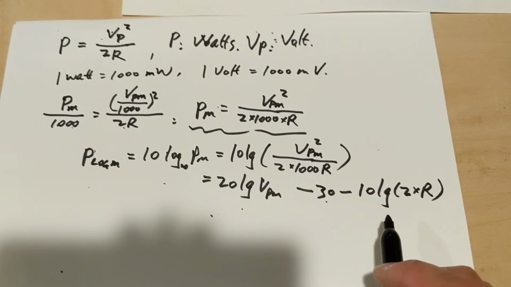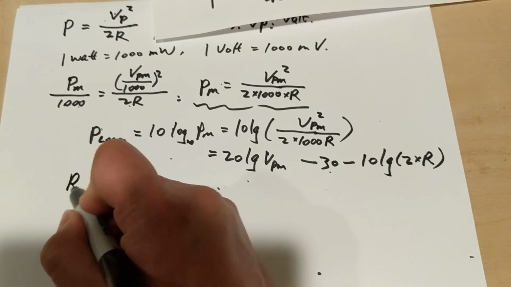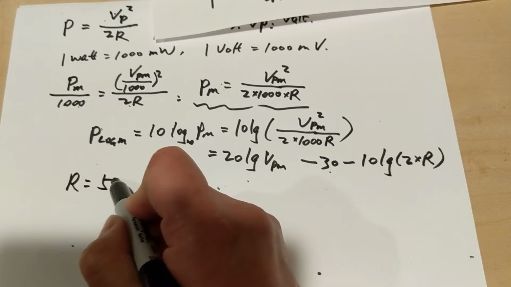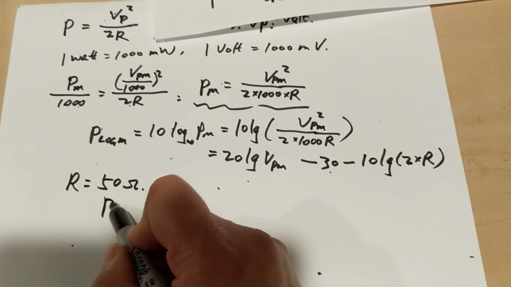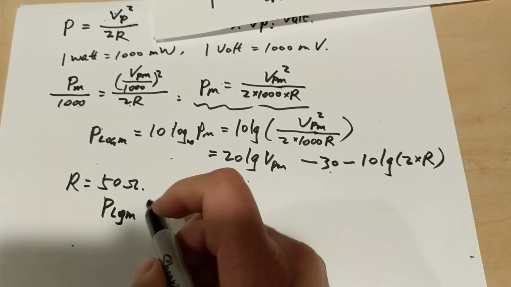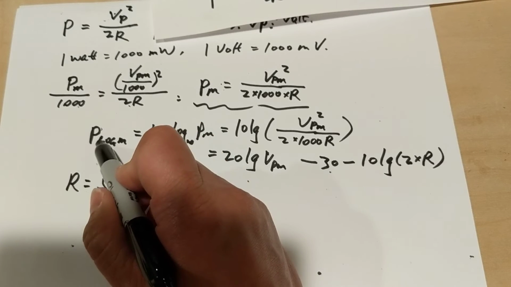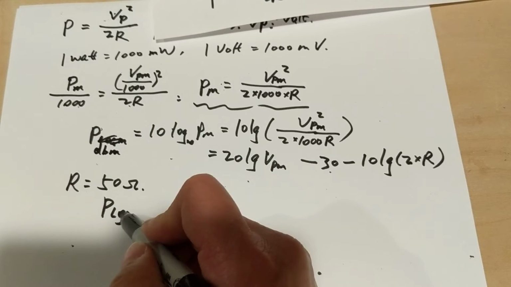Normally in radio, for the resistance we use 50 ohm. Sorry, this is not called log m, it's called dBm, in dB scale.